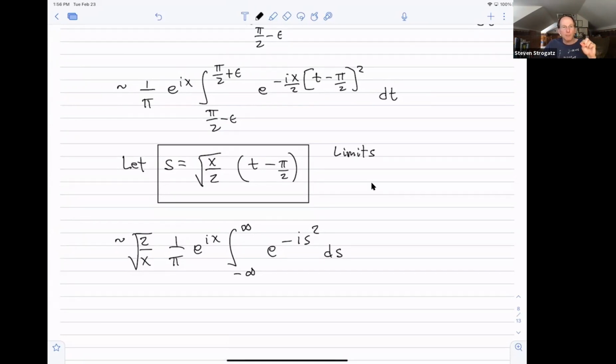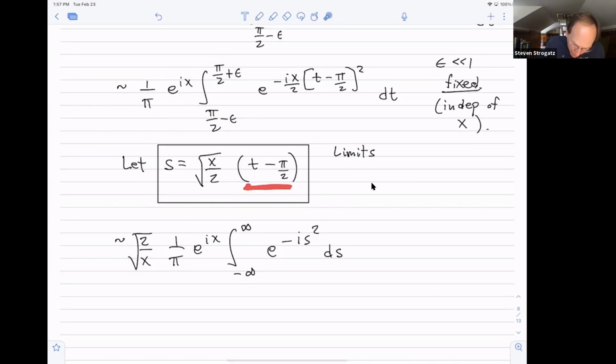Think of epsilon as a small number, but fixed, meaning it doesn't depend on x. So I just take some tiny number and I look at what's happening in the neighborhood of the point of stationary phase. And so this term is of the order of epsilon.